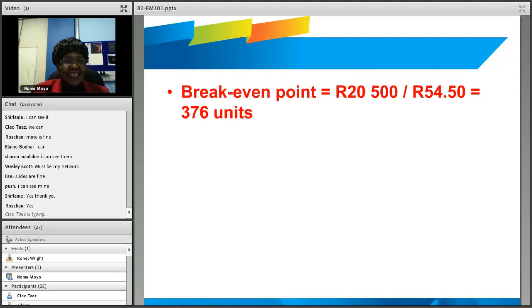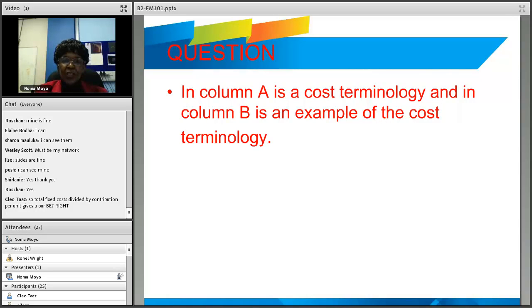And then we say fixed cost divided by the contribution per unit, and we get our break-even quantity. That's how easy it is. So please read and practice. Okay, I'm continuing. Thank you if you are happy.